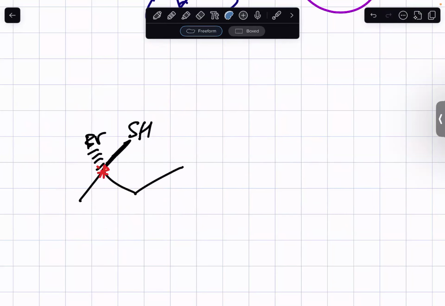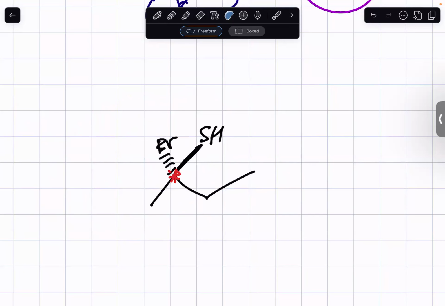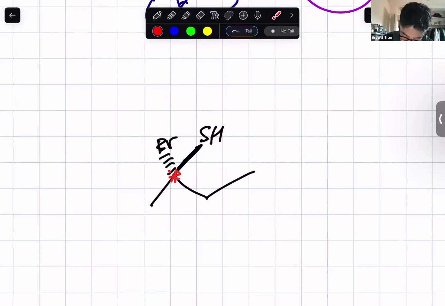I think the SH is one, the bromine is two, the ethyl is three, the methyl is four. Correct. So this will be 3, this will be 4, but be careful here. When we're assigning the priority, we look at the first atom, sulfur versus bromine.